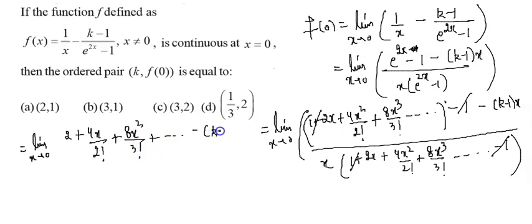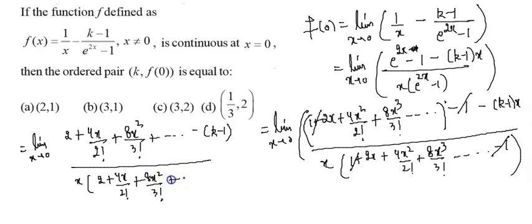In the end it will be minus k minus 1, divided by, again if you take x common out of it, we will be left with 2 plus 4x by 2 factorial plus 8x square by 3 factorial plus so on.